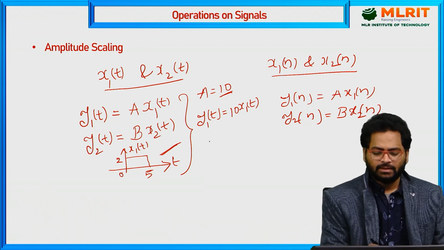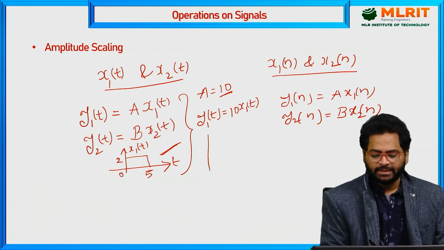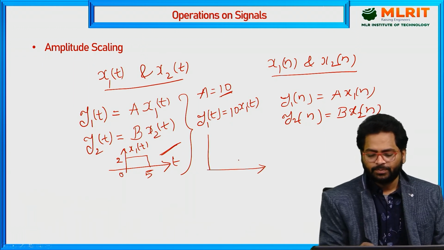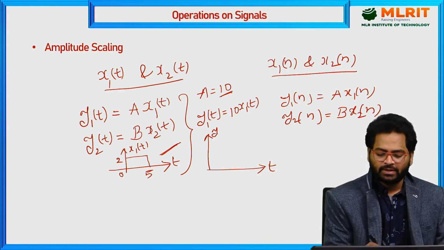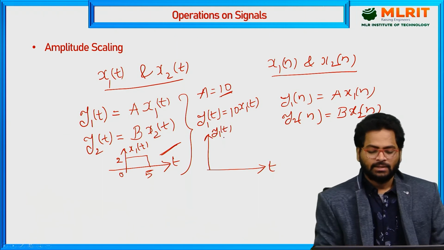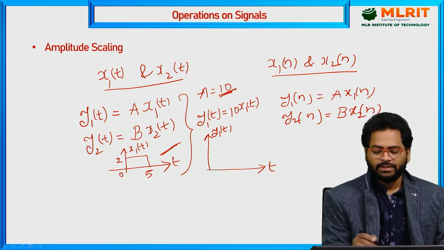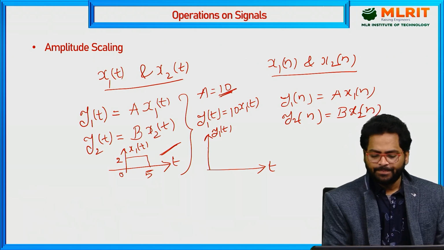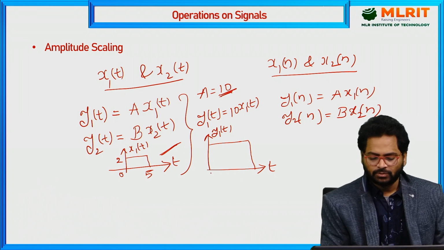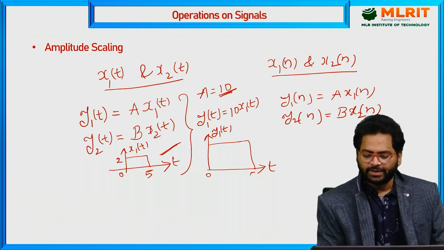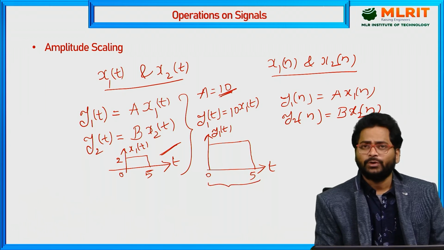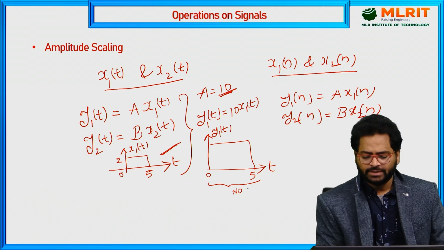Graphically, we represent the same signal with respect to t. This is y1 of t after scaling by 10 units. My signal looks the same, but the amplitude is multiplied by 10. This is 0 and this is 5. The time interval is not changed; there is no change in time.